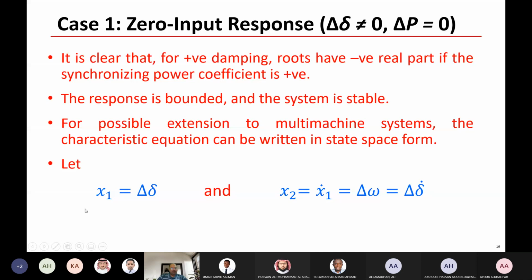So we can define here x1 equal to delta delta. In this case, x2 equal to x1 dot, which is delta delta dot. And the swing equation, we have the omega dot, the swing equation or delta double dot.